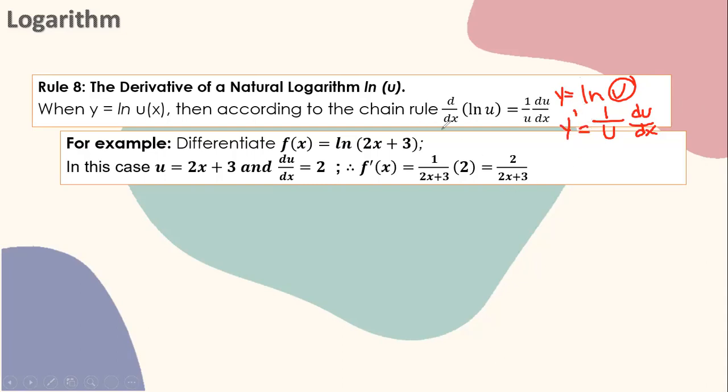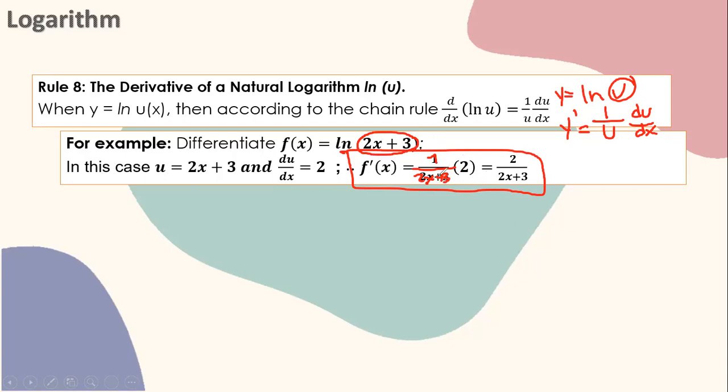Let's have an example para mas maintindihan. Differentiate f of x is equal to ln of 2x plus 3. Alright, so dito na agad tayo tingin sa derivative. Anong nangyari? Okay, itong 2x plus 3 natin, bababa siya, magiging denominator. So 1 all over 2x plus 3. Okay, hindi pa tapos dahil may derivative pa yang kabuuan na yan.